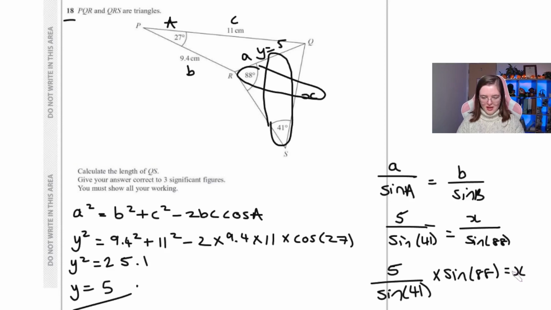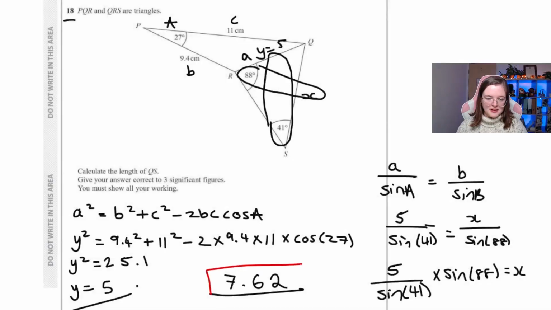So then 5 over sine 41 times sine 88, and I get 7.62. And there we are. That is the answer. 7.62.